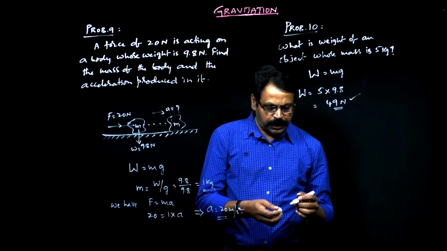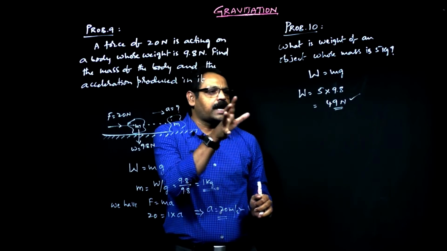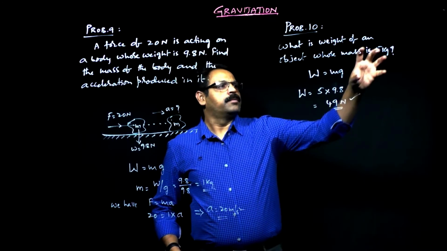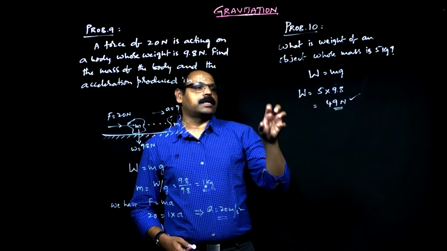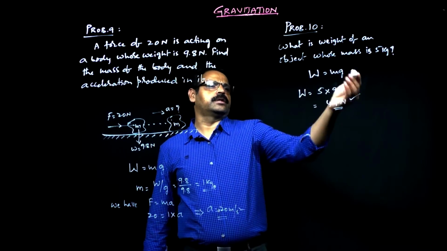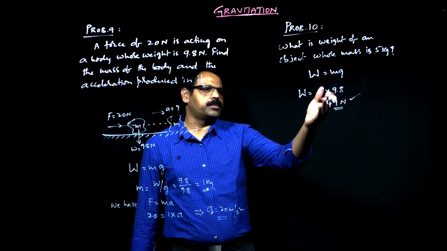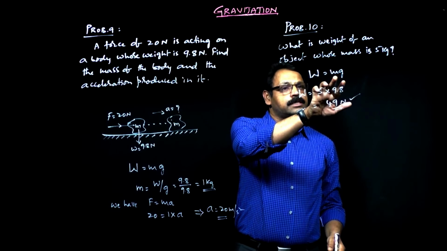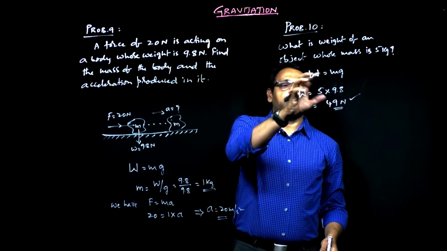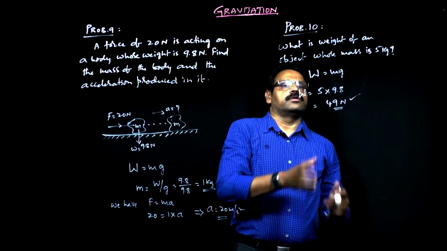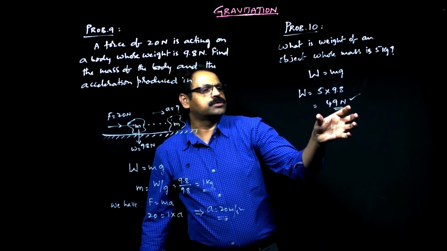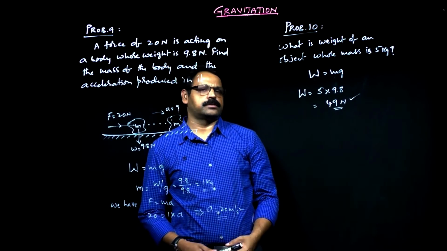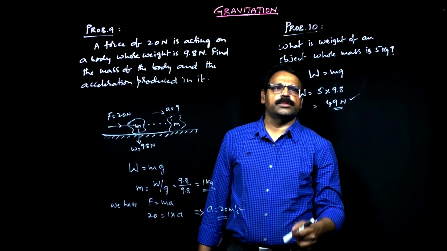So weight is nothing but the gravitational force acting on it, whereas mass is nothing but the actual matter contained in it. So very simple question it is in fact. So W is equal to mg. That is the difference between weight and mass. Mass is the matter contained, weight is the gravitational force. So the weight of 5 kg body is going to be 49 newtons. So this is how the problem can be solved.